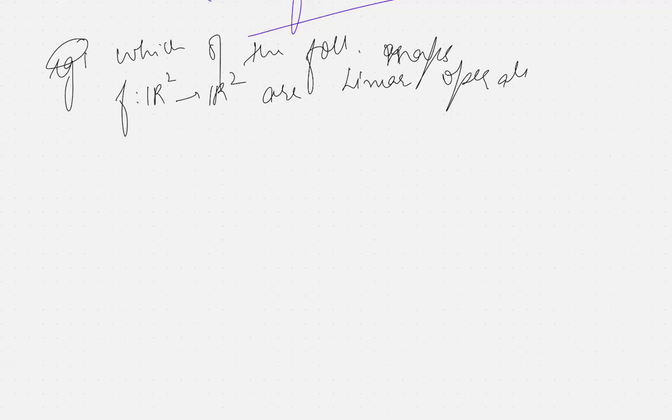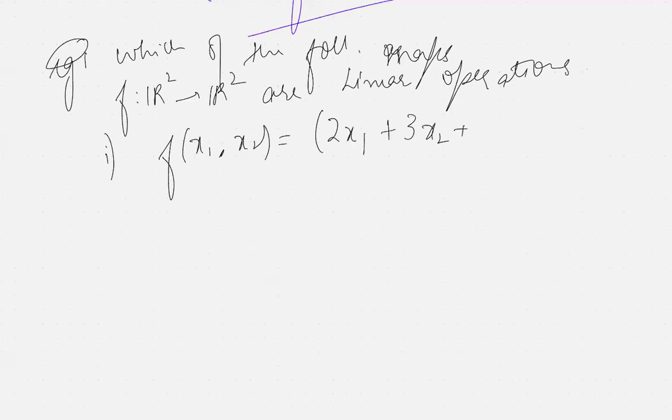So let's see, first one is f of x1, comma x2. We know R square will have elements of the form x1, comma x2, and it is mapped into R square, that is 2x1 plus 3x2 plus 1, comma, minus of x1 plus x2.